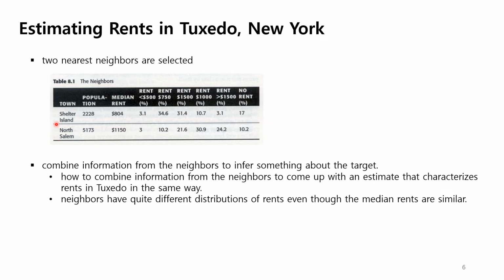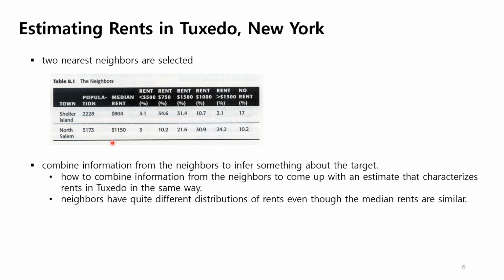And for North Salem, this is population, this is median rent value, and this shows the distribution of rent values. So now the question is, how do you combine this information from the neighbors to estimate the rent value in Tuxedo City? That's the question.